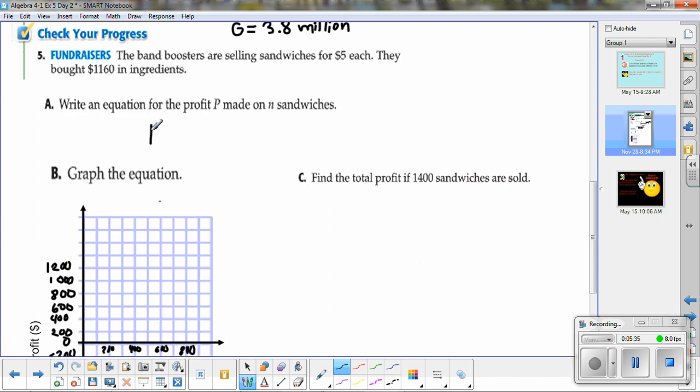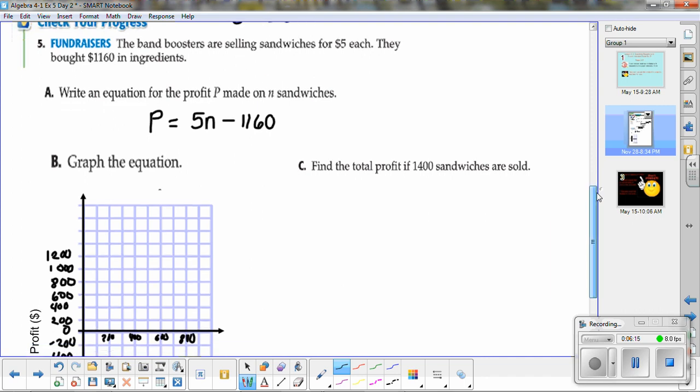Well, the profit is going to equal $5 for each sandwich minus the expenses, which is $1,160 that they spent on ingredients. Because your profit is going to equal your income minus your expenses. So you're going to bring in $5 for each sandwich, and then you're going to subtract from that what you had to pay, which was $1,160.